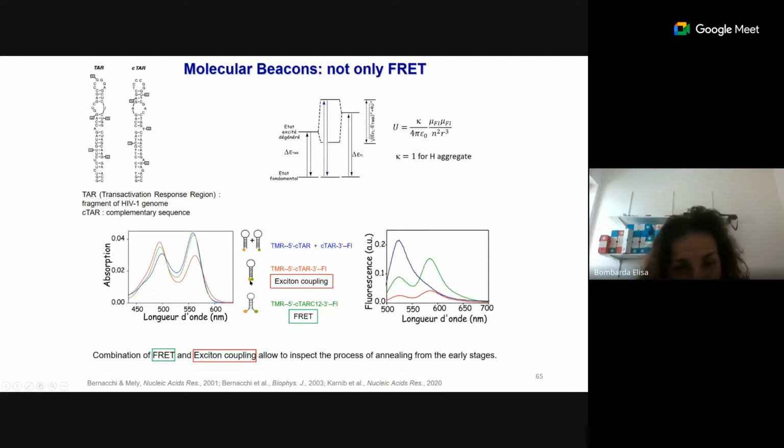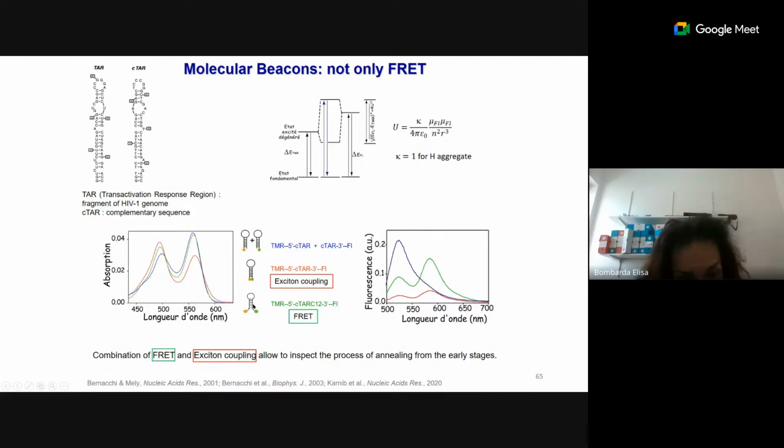To take care also of static quenching phenomena, introducing this in the analysis, it was possible to inspect also the early step of the annealing, because it's exactly in the early step where the static quenching phenomena, and so the exciton coupling that is occurring, is more important.